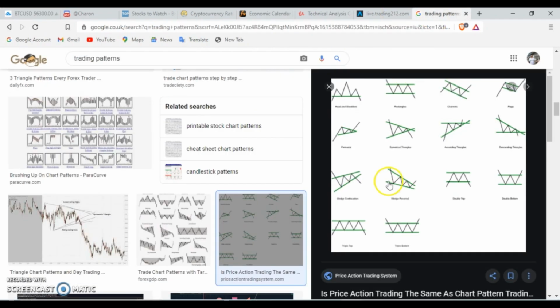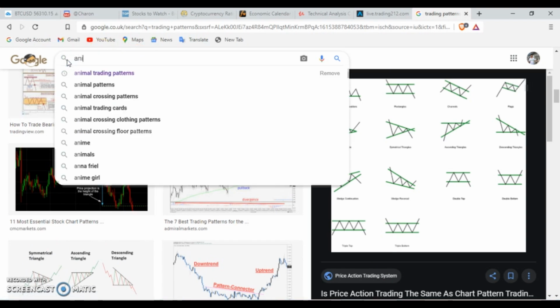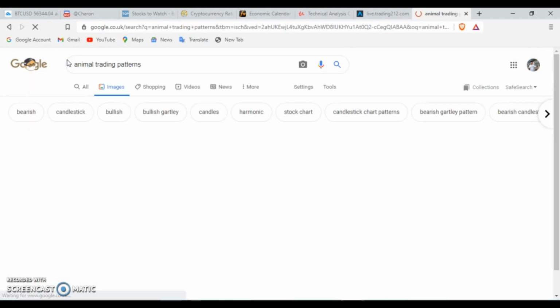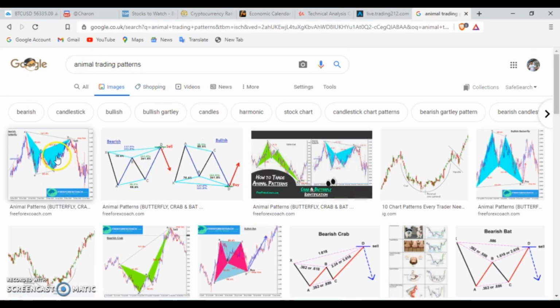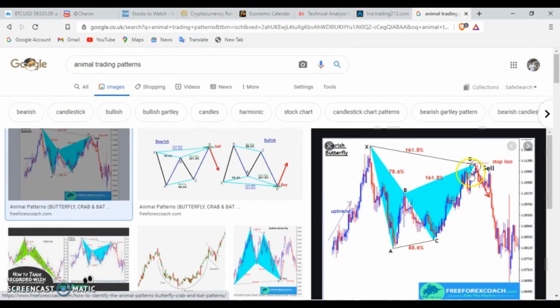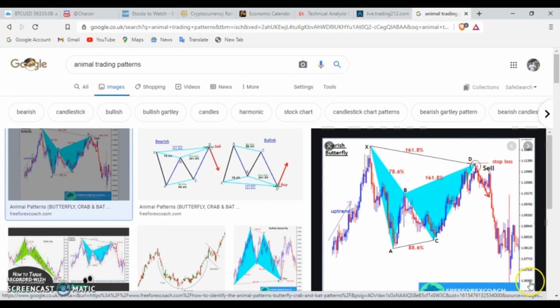So that's that. And also, just to finish off on patterns, there are also animal patterns. Let me see if I can, just type in animal trading patterns, right? There's butterflies and sharks and all that stuff, and bats. If you look at this, there are animal patterns. So this is an animal pattern. This is a bearish butterfly, they call it, because price is here, and when it touches there, boom, it'll drop.